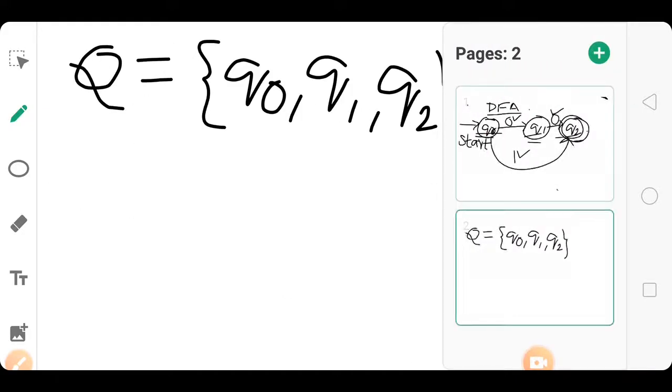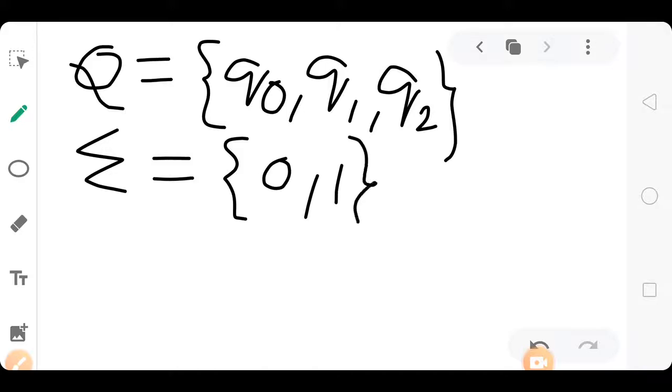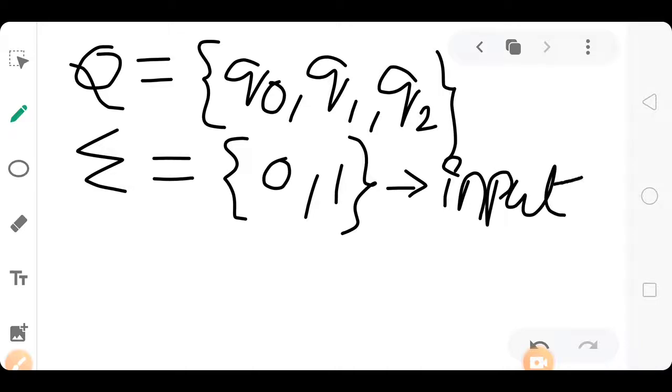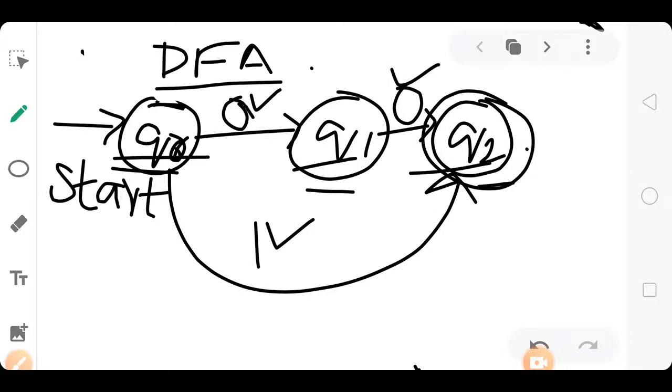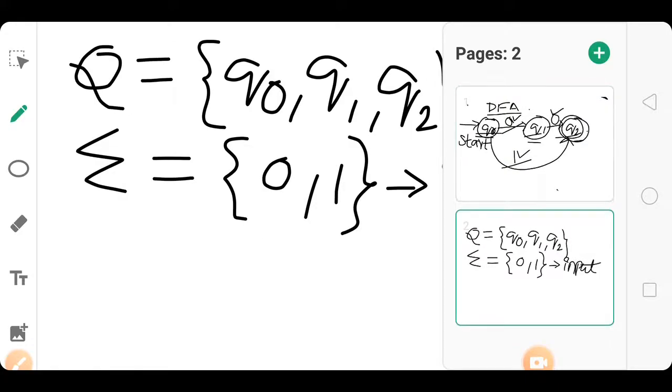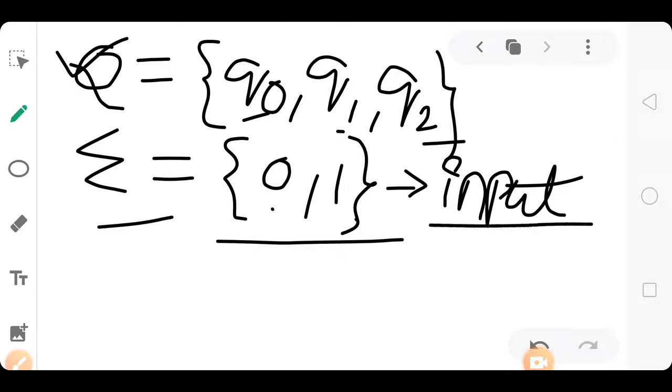Next, sigma equals 0 comma 1, meaning these are all the input alphabets, 0 and 1. In the same way, we represent sigma equals the input alphabets 0 comma 1. So Q is Q0, Q1 and Q2, and sigma equals 0 comma 1.